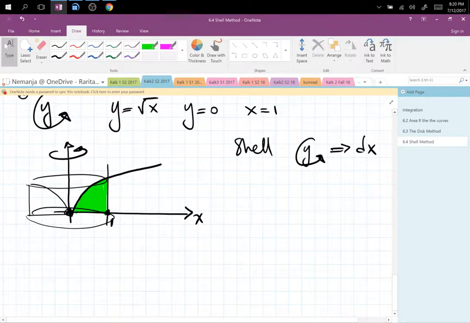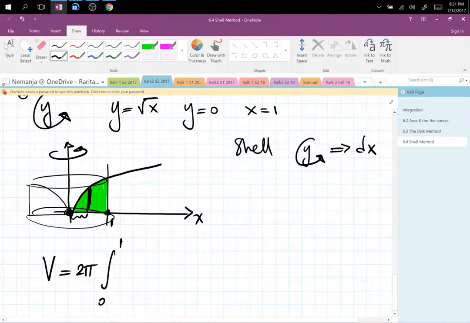So I'm using shell method, and I'm going to rotate on y, so I'm using dx. Volume is 2 pi integral 0 to 1. And now here is the dx. What's the position?